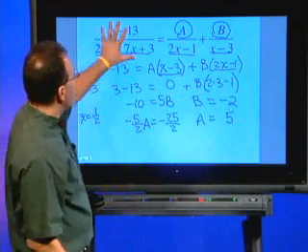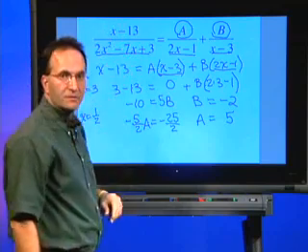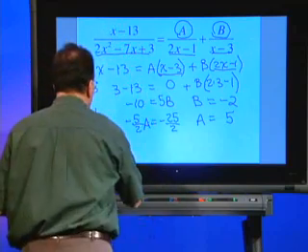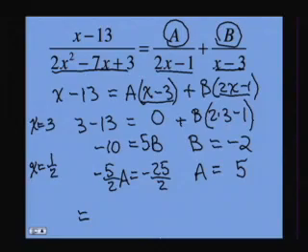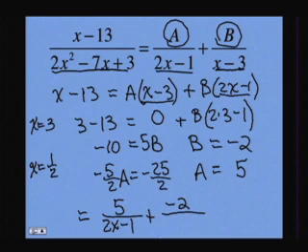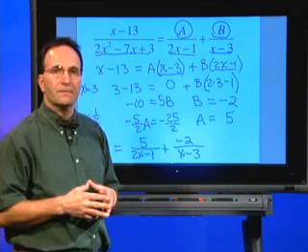So we've taken this fraction, x minus 13 over 2x squared minus 7x plus 3, and we rewrite it as the fractions 5 over 2x minus 1 plus negative 2 over x minus 3. So that gives us what is called the partial fraction decomposition.